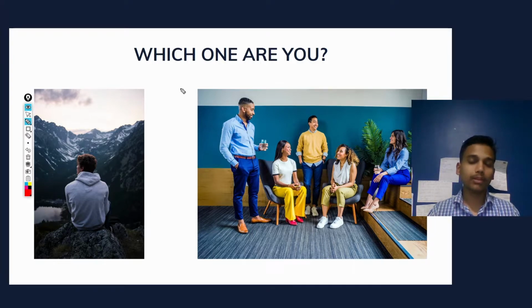For example, they are introvert or extrovert. Are they someone who likes focusing on small things alone, or someone who likes focusing on big things in a group? Big things in the sense that they like going to big events where many people and crowds are there. Extroverts are like that.